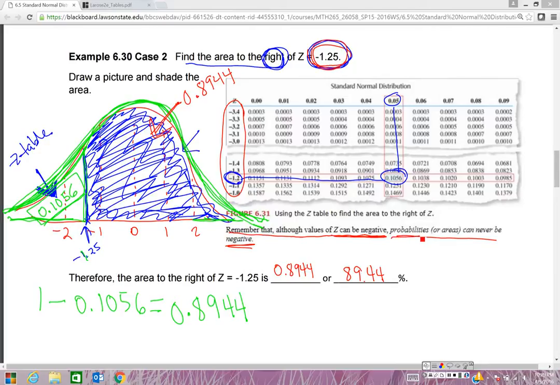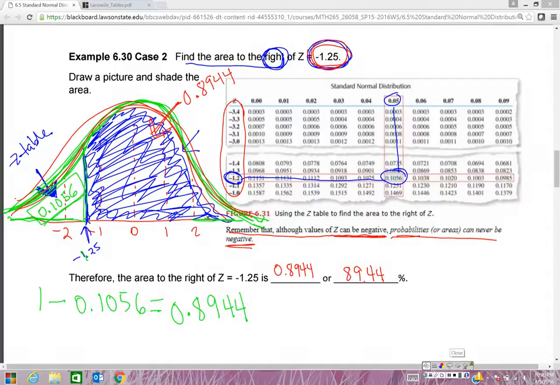And also another tip, everything under this bell curve should equal 100% or 1. So probabilities would never be greater than 1 or less than 0. Alright, let's go on to the next example.